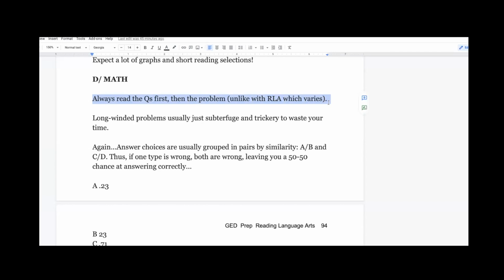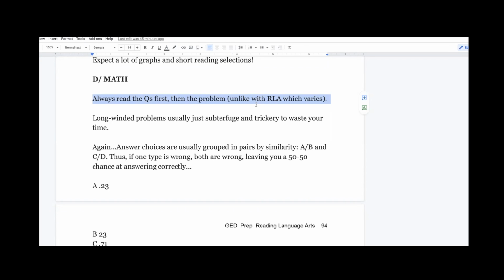With math, absolutely, always read the question first. Do not read whatever they give you and then read the question. You probably could do that in language arts. Read the story and then do the questions.